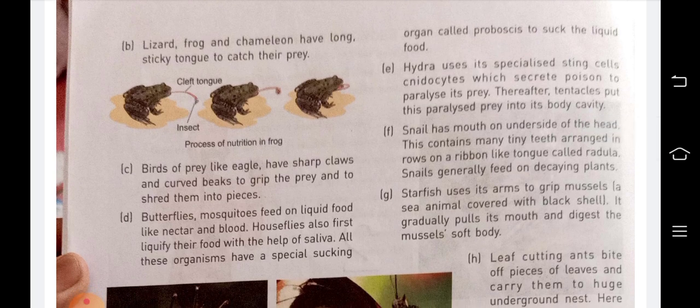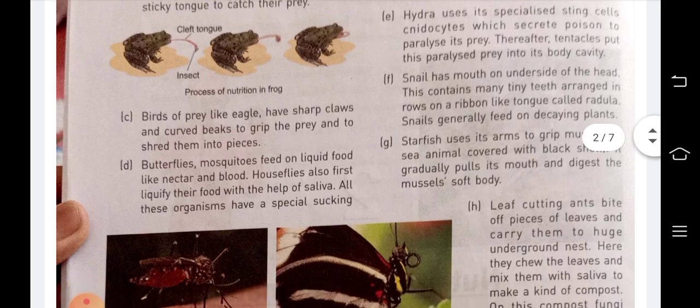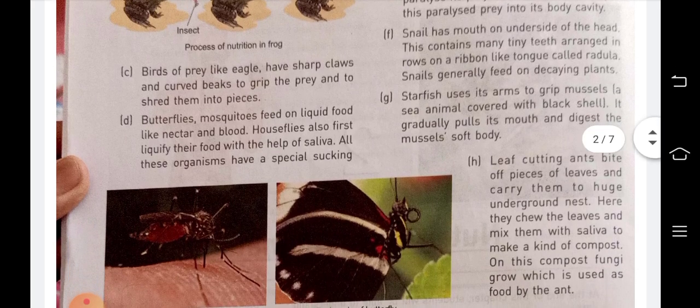Third, birds of prey like eagle have sharp claws and curved beaks to grip the prey and to shred them into pieces. Because of the sharp claws and curved beak, they break their prey into small pieces.